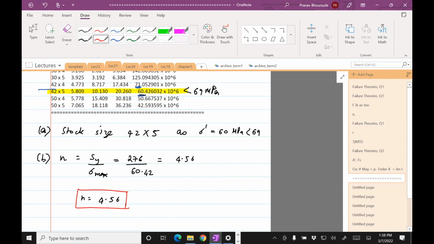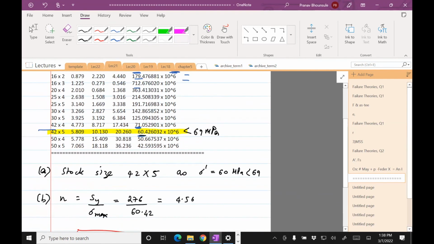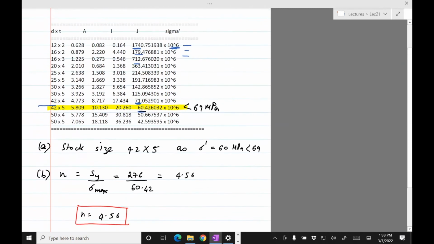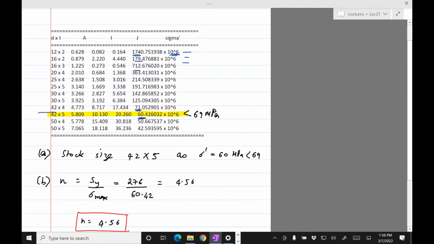You see that the bigger the factor of safety, the bigger are your dimensions. For example, here it's 42 cross 5: the diameter is 42, thickness is 5. Compare that with the first entry, which is 12 cross 2. That's a smaller stock, so it will be lighter than the 42 cross 5, but it's not strong enough.